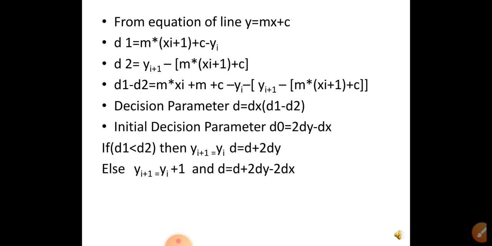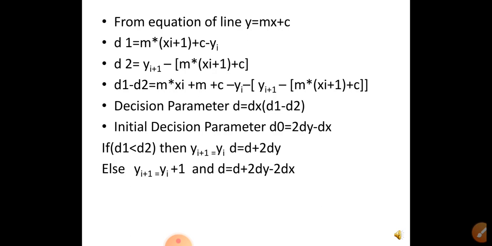Okay, and for each step, the decision parameter also gets changed. No need to get confused. See what happens, just concentrate on my words. If the decision parameter is less than 0, x equals x plus 1, y equals y, no need to increment y.